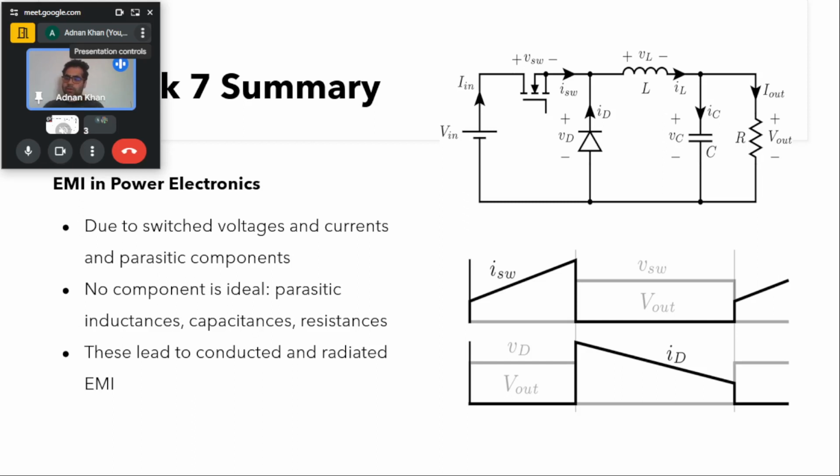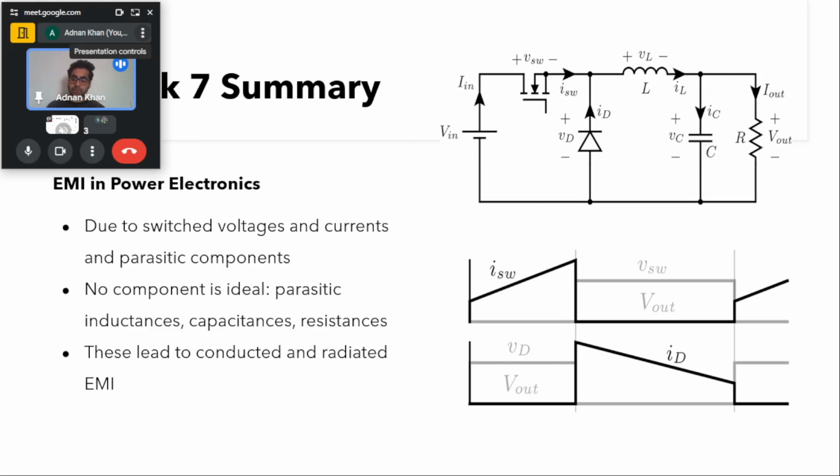Firstly, like I told you, the main cause of this EMI is the switched voltages and currents, because our converters operate at very high voltage and current levels, and these levels change during a very small time interval, in the nanoseconds, from one voltage or current level to another.